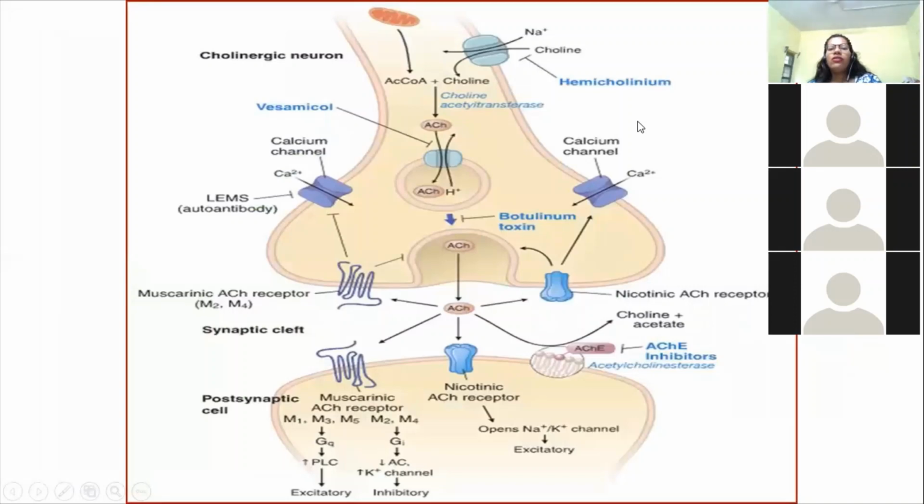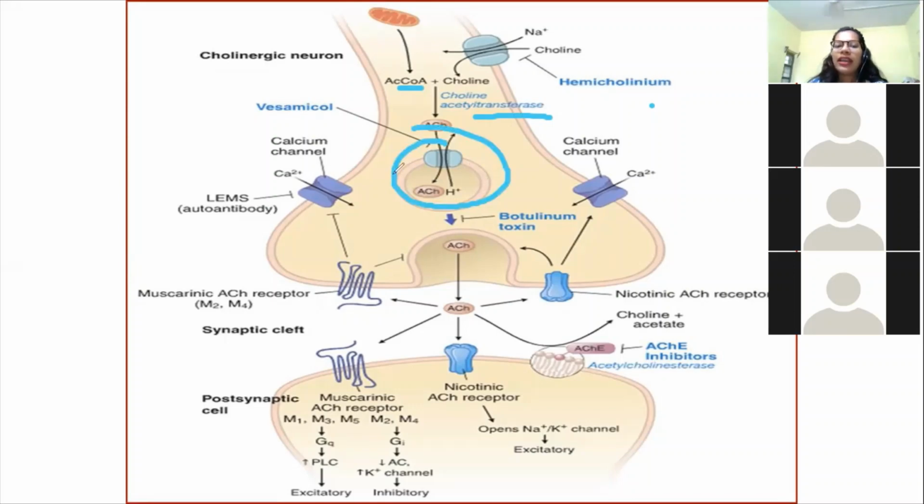Now this is the overall view of your transmission with the help of acetyl-CoA. You can see here the name of the enzymes is also given. So we see that acetyl-CoA is there, acetyltransferase is there, your vesicles have been formed. Now can you see how the vesicles are formed?